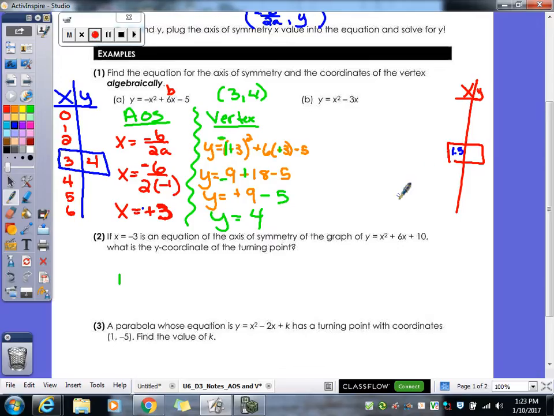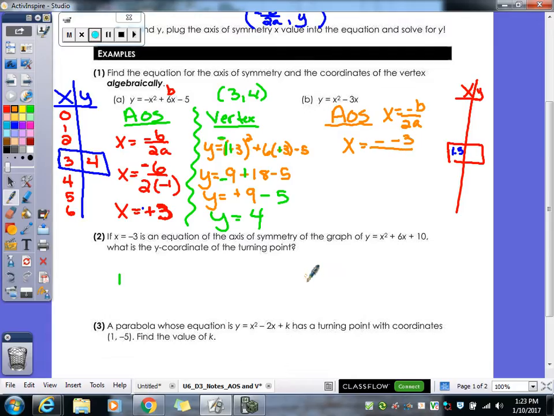Okay, what is the formula for the axis of symmetry again? So we're going to do axis of symmetry first. X equals negative b over 2a. You have to write your formula. Miles, what's my b here in this equation? 3. Yeah, it's close. Negative 3. So when I plug it in, I'm going to get a negative 3.